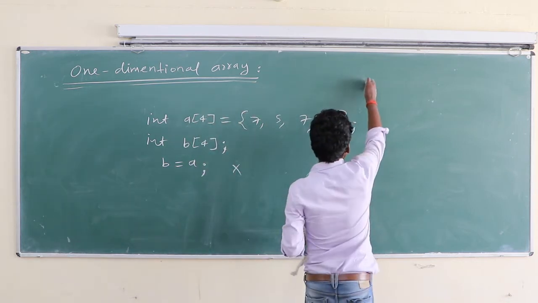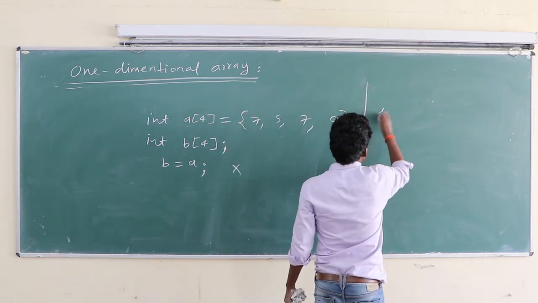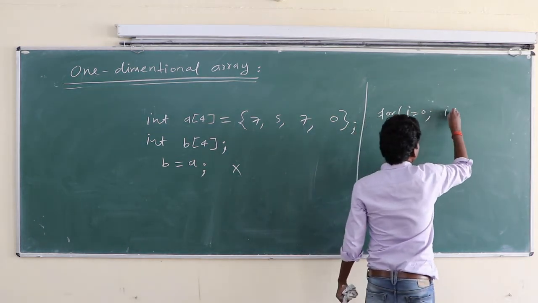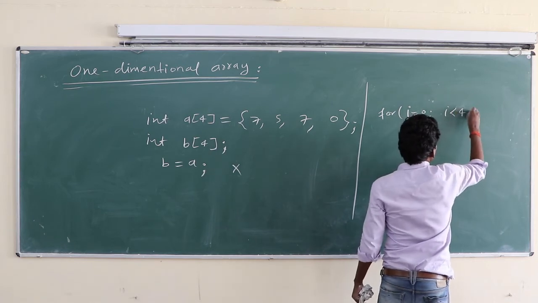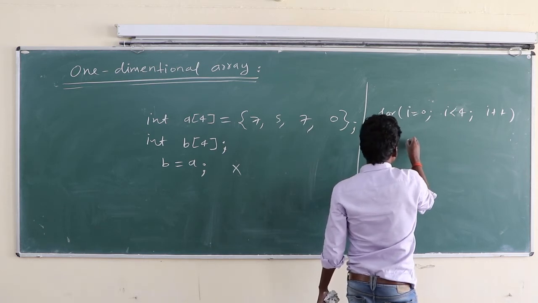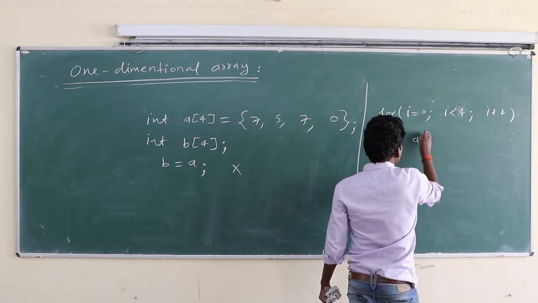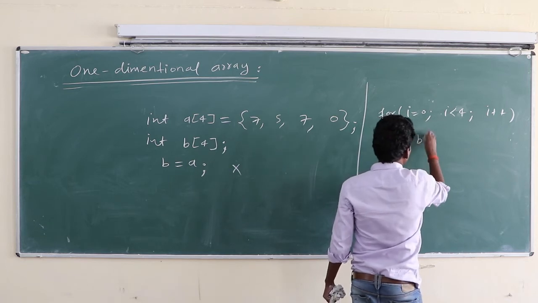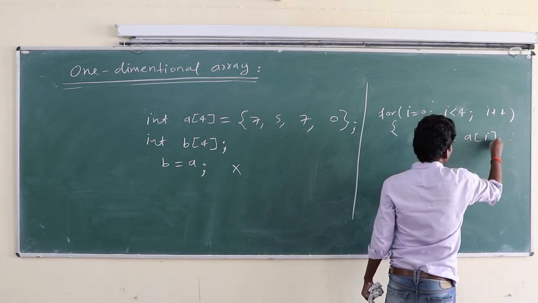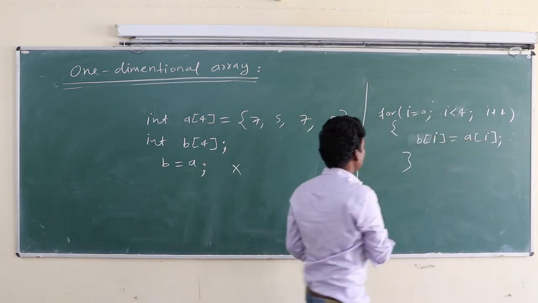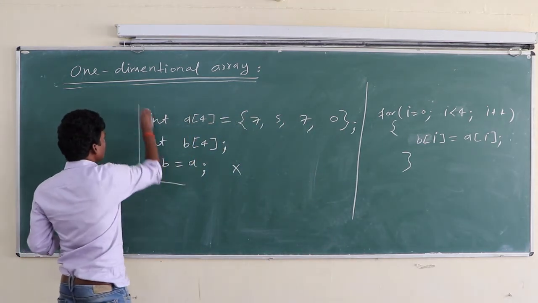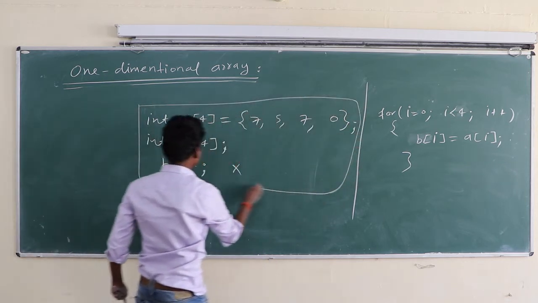So how can you assign? Again, for i equal to 0, i is less than 4, i plus plus, here you assign b[i] equal to a[i].